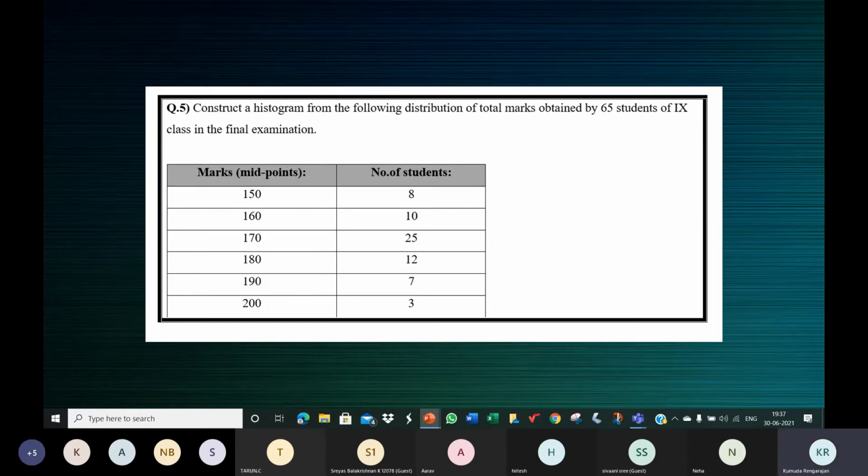Now, how do you find out the class intervals? We have seen that earlier. Given the midpoints, how do you find out the class intervals? Ma'am, upper limit plus lower limit by 2, ma'am. No, that's not the answer to my question. How do we find the class intervals?